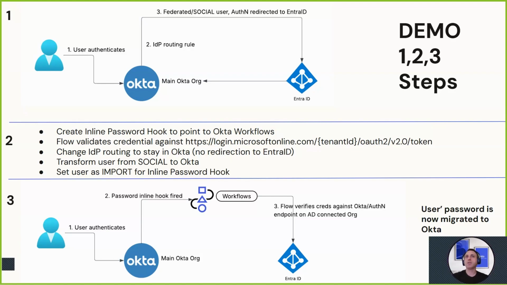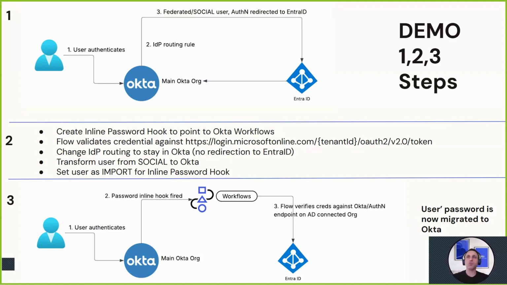As a result of that, Okta knows that the password was right, was correct, even if it wasn't able to test it directly. So from this time on, Okta can encrypt the password and store the password for any further verification. So from this time on, Okta will be able to authenticate the user directly in Okta without having to go to Entra ID or any other identity provider, and the password is fully migrated.